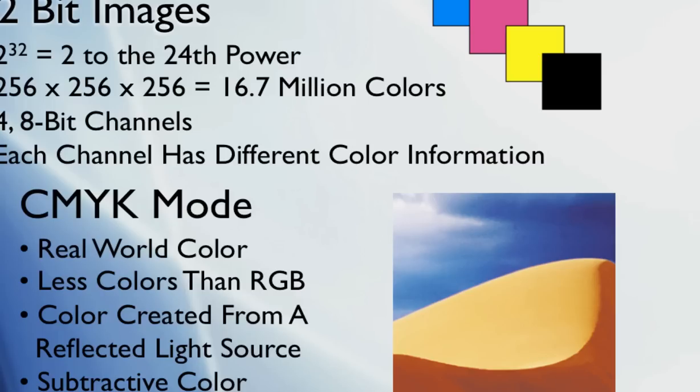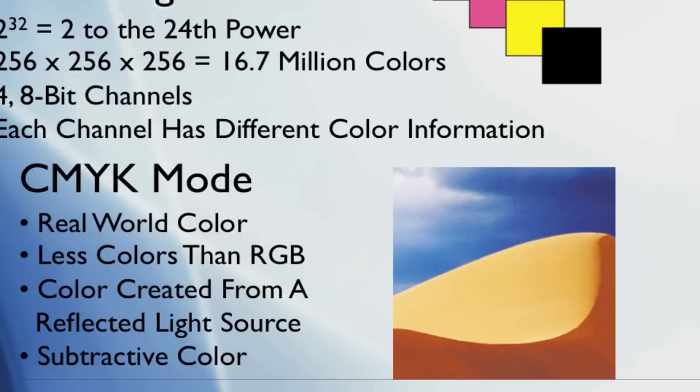And then with the yellow channel, we would expect the areas of that in the dune to be pretty dark, because clearly we can see there's a lot of yellow and even a lot of magenta in the dune image.